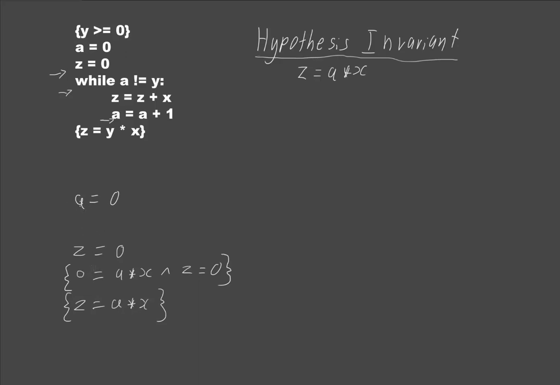So one up from there, we're going to want to do the exact same thing, but with a. So if we have 0 is equal to 0 times x, and a equals 0, then if I can move this whole thing down for a second, let's see if I can.